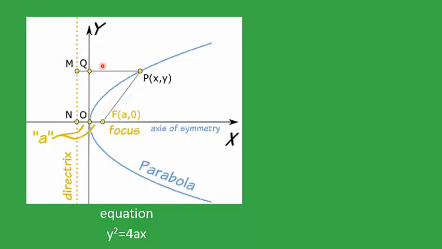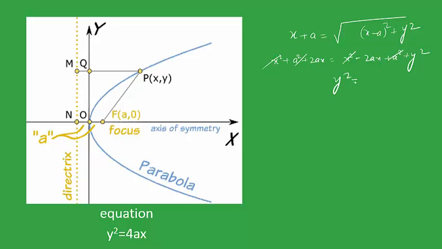Now calculating the distance of the point P from M and from the focus, we have x plus a equal to the square root of x minus a whole square plus y square. Squaring both sides, we obtain x square plus a square plus 2ax equals x square minus 2ax plus a square plus y square. Cancelling the common terms, we obtain the equation y square equals 4ax.